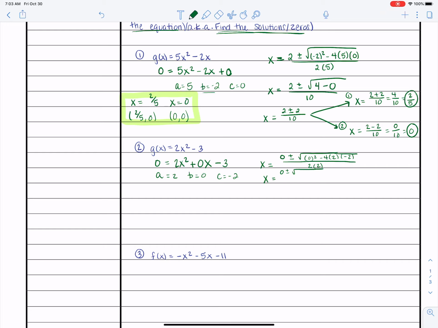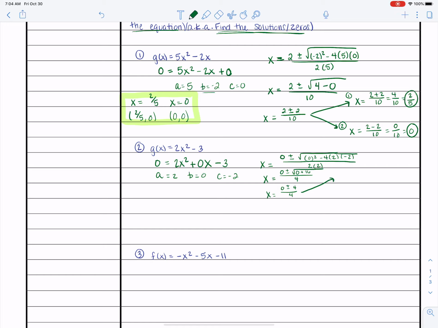So 0 minus 4 times 2 times negative 3. So negative 4 times 2 is negative 8, times negative 3 is positive 24. Really we have 0 plus or minus the square root, and the square root is over 4.